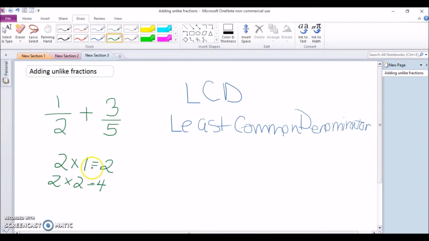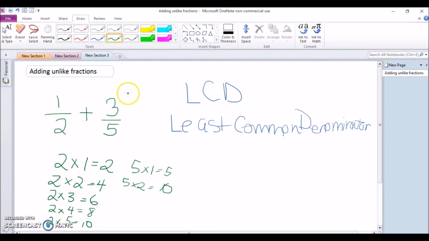So I multiply 2 by 1, I got 2. 2 by 2, and I got 4. 2 by 3, I'm going to get 6. 2 by 4, I would get 8. And then 2 by 5, I'm going to get 10. Okay. Now I'll do the same for the 5 to see if there's any commonalities in the products. So 5 times 1 gives me 5. 5 times 2 gives me 10.